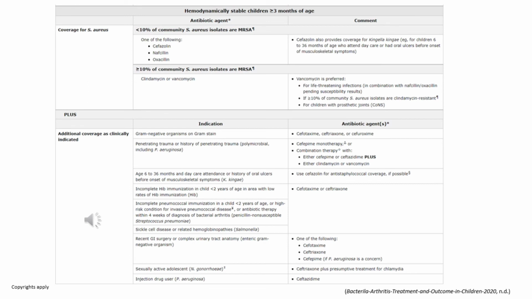For the additional coverage as clinical indications, the following are the indications and their respective antibiotic agents. For gram-negative organisms on gram stain, the antibiotics are cefotaxime, ceftriaxone, or cefuroxime.